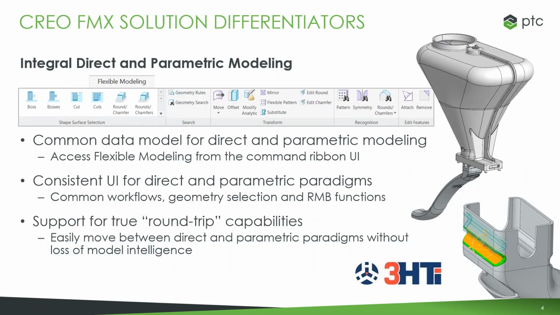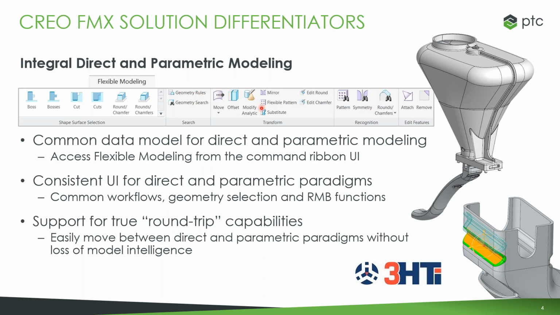But the common workflow would be to bring in our model here. Let me get the laser pointer going. There we go. So bring in our model, select some geometry, and recognize it as a boss or cut or what have you.